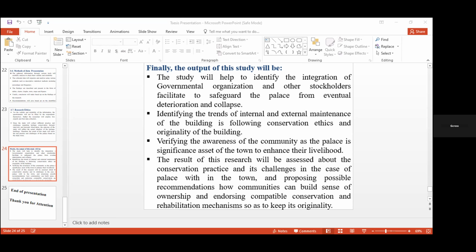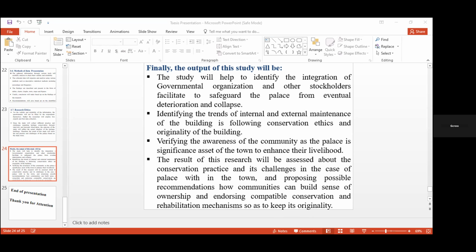Now you are beyond the proposal. You have added the literature in chapter 2 and the research methodology in chapter 3. Now the final part is discussion and analysis in chapter 4, and chapter 5 is conclusion and recommendation. So your presentation was beyond a proposal.